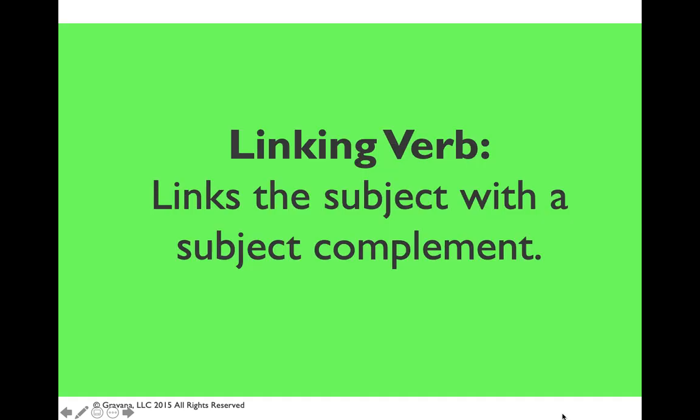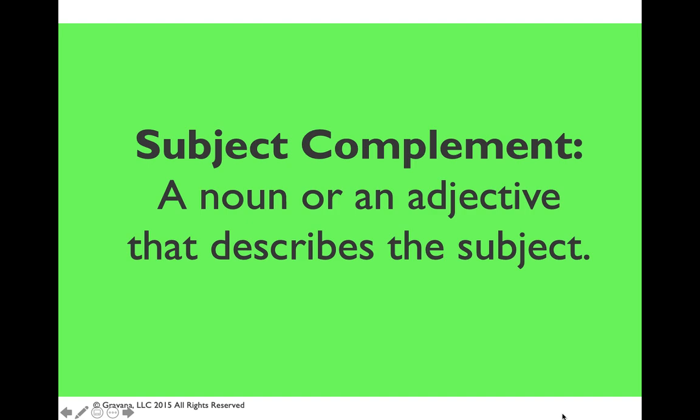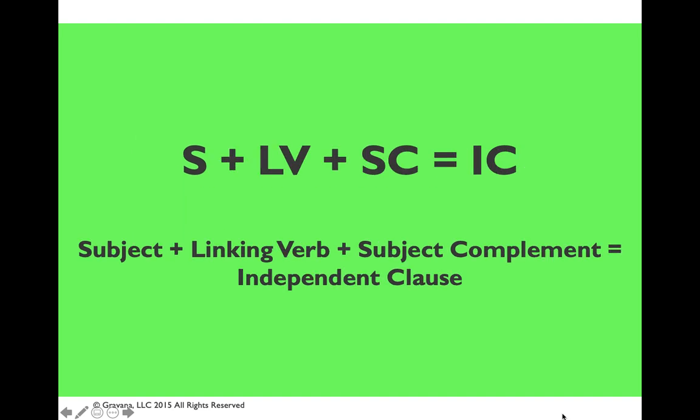So if you remember, a linking verb links or connects the subject with its subject complement. A subject complement is how we describe the subject. Again, a subject complement is a noun or an adjective that describes the subject. So this looks a little bit confusing, but it's really not.